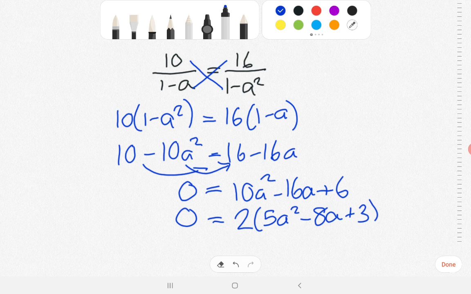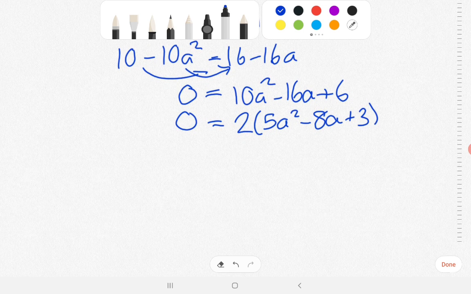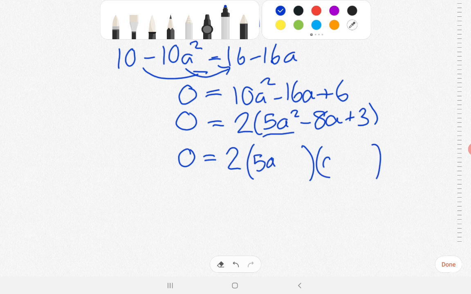Okay, because although it looks like quite a complicated trinomial, actually once we've got that common factor of 2 out, to get 5a squared we can only have 5a and a. To get 3 we can only have 1 and 3. And if we're aiming for 8, we probably want the 3 there and the 1 there. And this is a positive, but this is a negative. So we're going to make them both negative, and let's just double check.